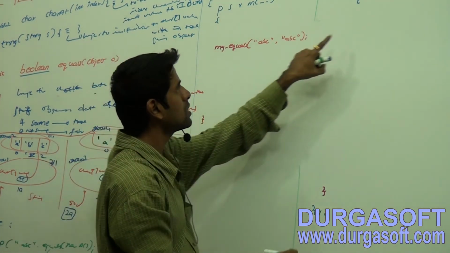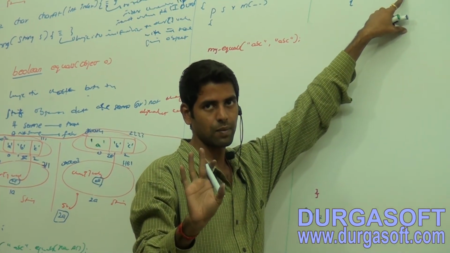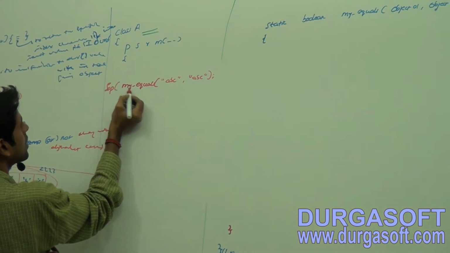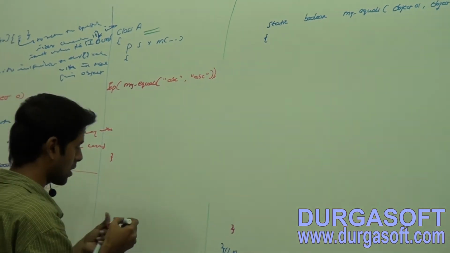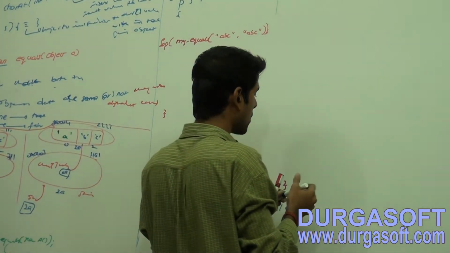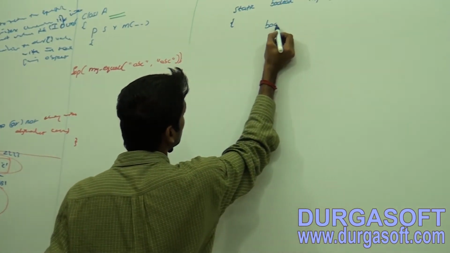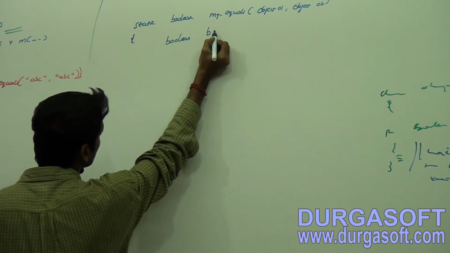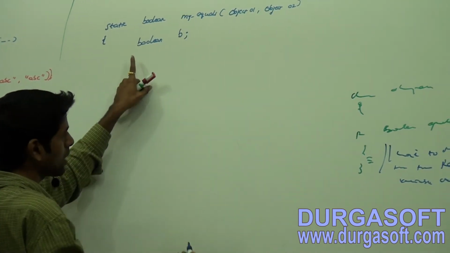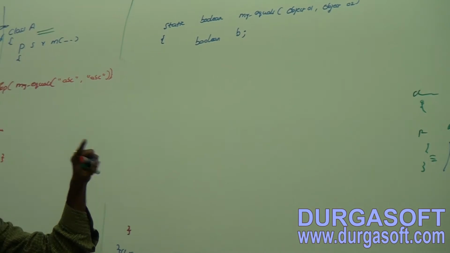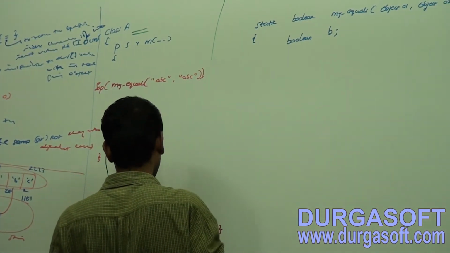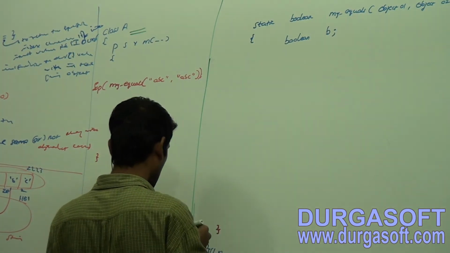This my equals is returning boolean, right? Let me put that within the SOP statement. Now let me declare one boolean variable, and I will initialize it later. Now observe here, most of us do the mistake in this way.